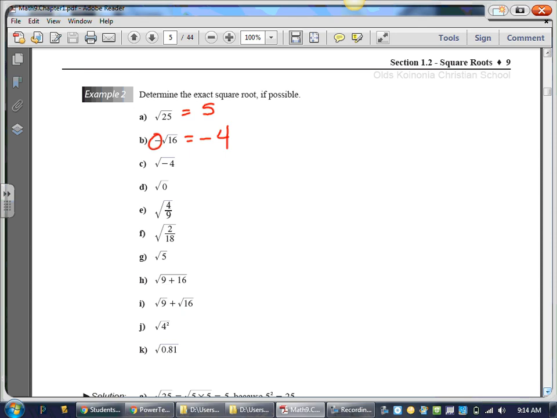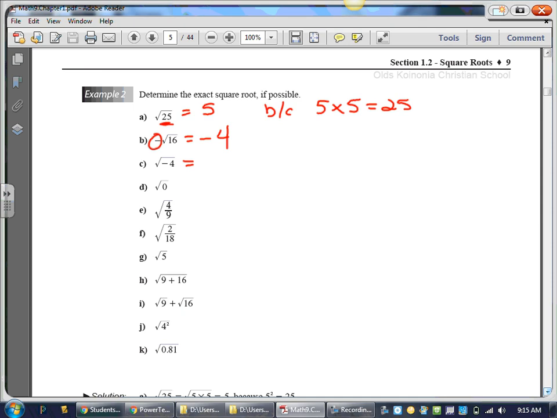Because what is the square root of negative 4? When it's all inside the radical sign, now you've got to go, oh, square root. Okay, well, the square root of 25 up here was 5 because 5 times 5 was 25. True? Well, what would this be? What's the square root of negative 4?